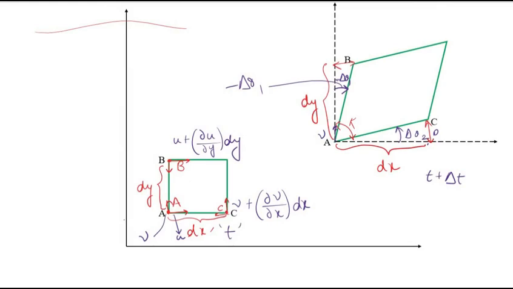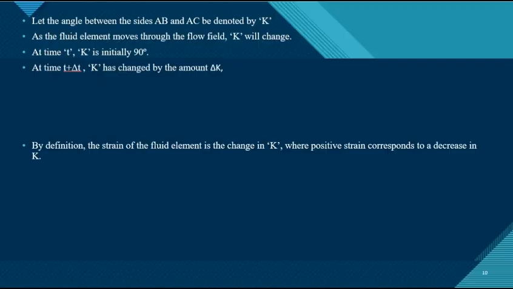Initially, this is 90 degrees, so K is 90 degrees, and when it has come to a point t plus delta t, or after time delta t, K has changed. How this angle is changing, we will have a look at that.